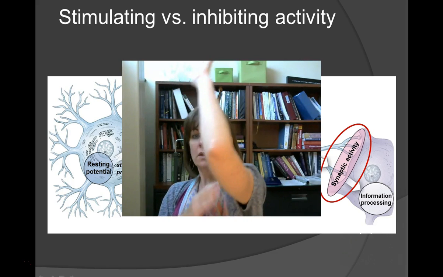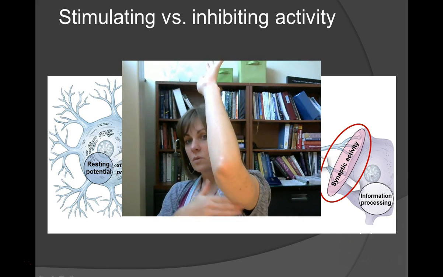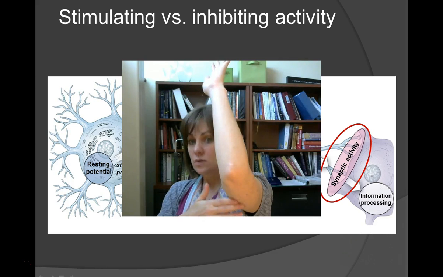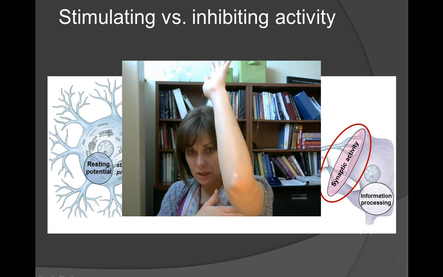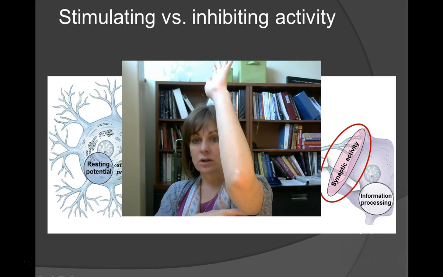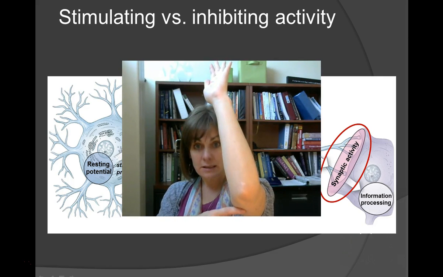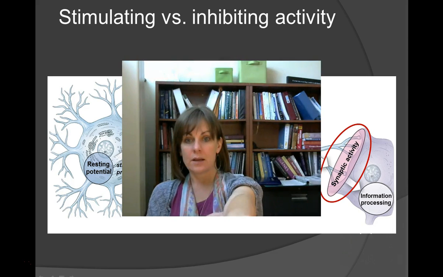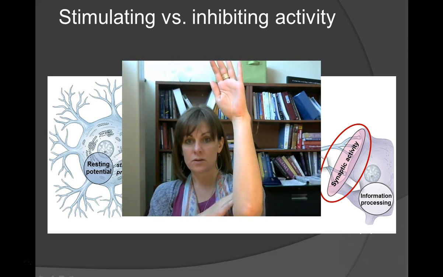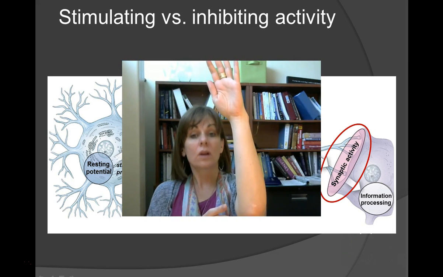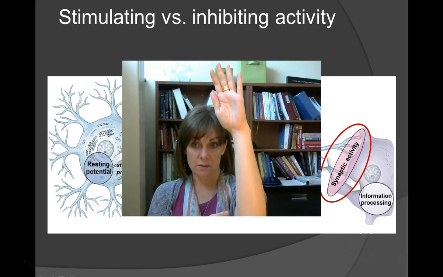But these other muscles, we may actually want to relax. And so we don't want a stimulating signal here. We want an inhibiting signal. And that then allows us to contract one set of muscles, relax the other, and pull our hand away from a painful stimulus.